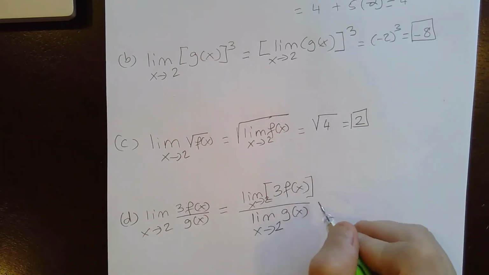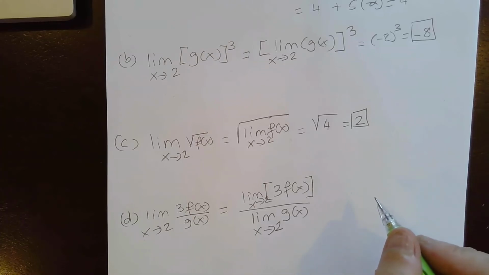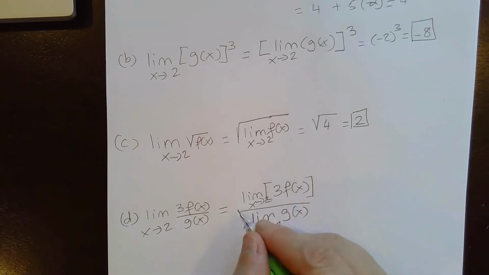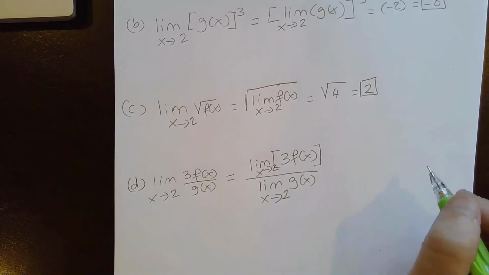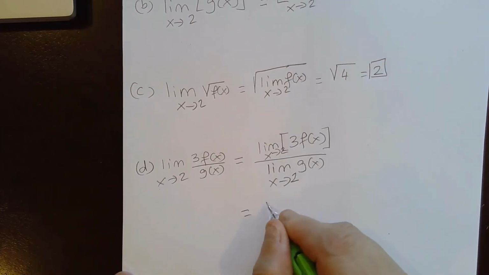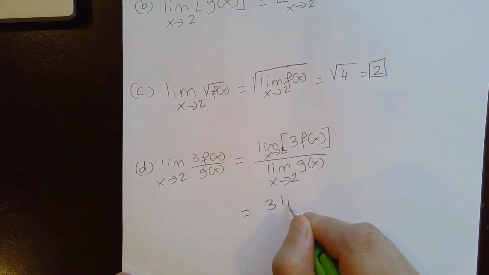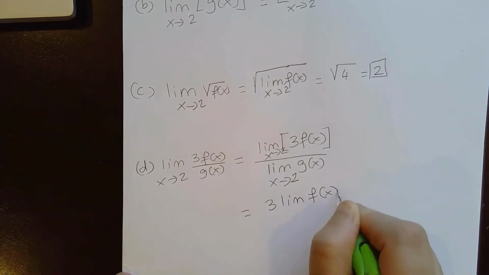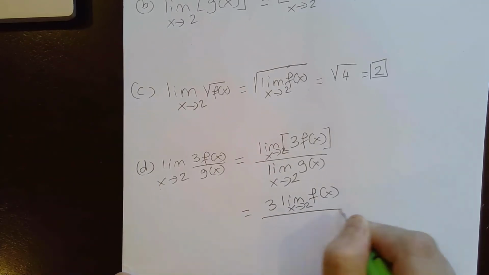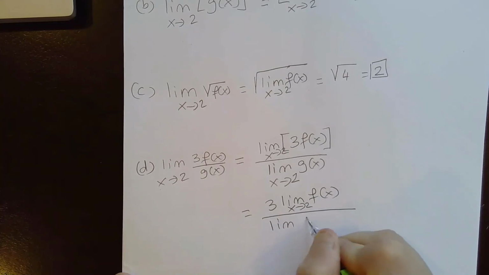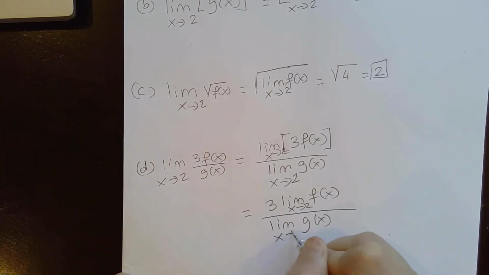Okay, and now we can use the constant multiple law. We can take out the 3 here, and that will give us 3 times the limit of f of x as x approaches 2, divided by the limit of g of x as x approaches 2.